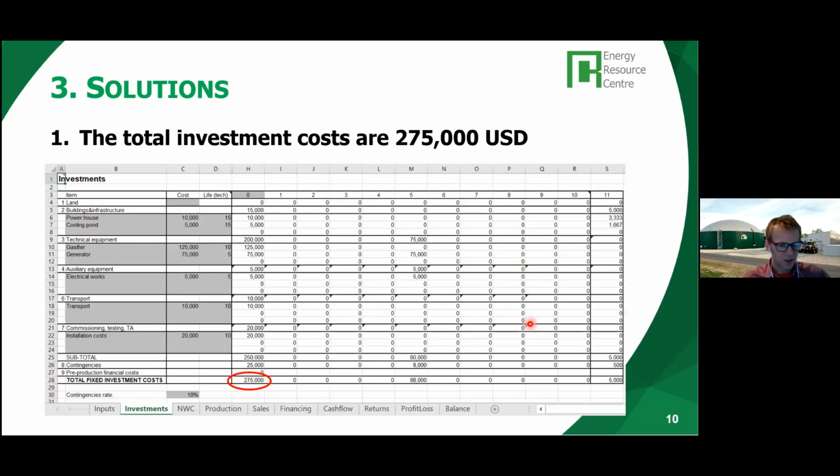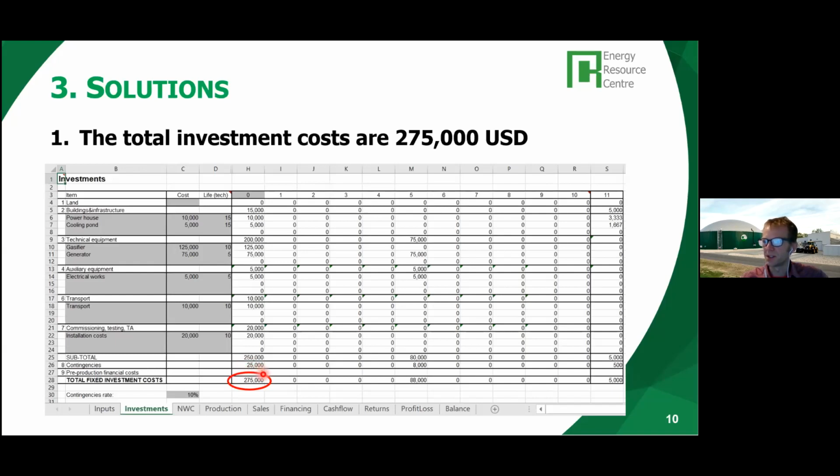Now then we have a look at the questions that were defined in the case. The first question being the total investment costs. Well, we look at the sheet investments and we see that they've all been nicely summed up, and the total is 250,000 for the equipment and the installation cost and transport cost and everything, plus 10% contingency budget.